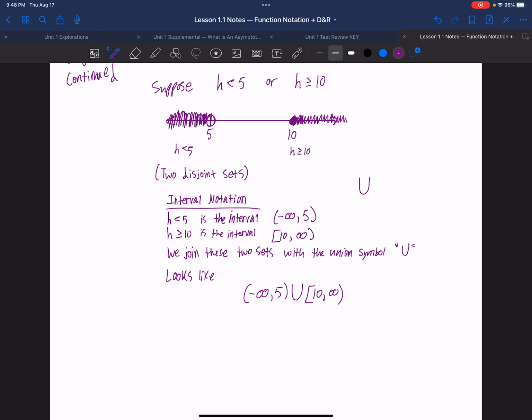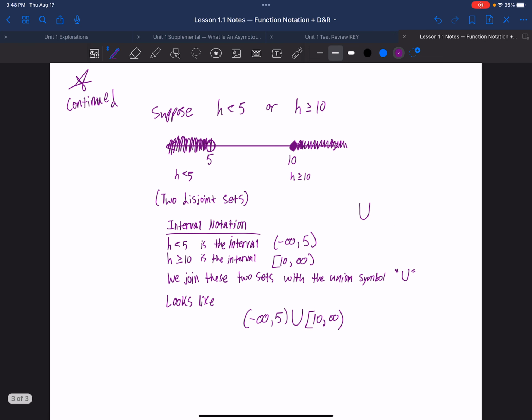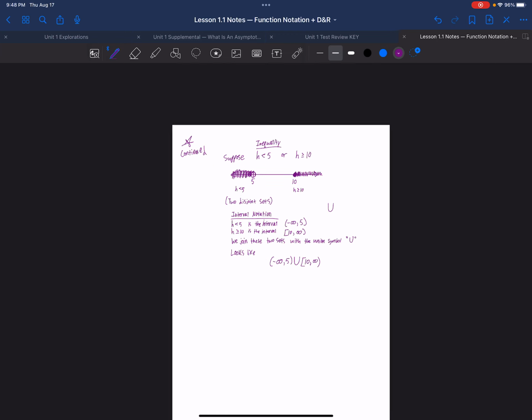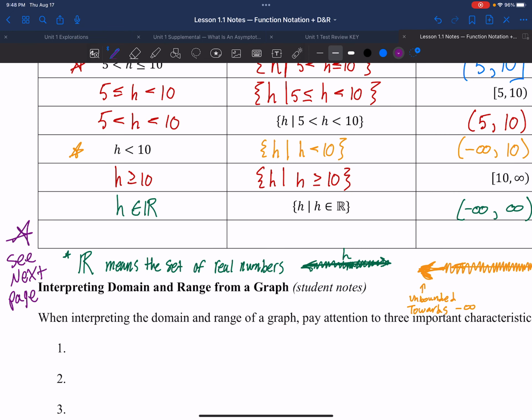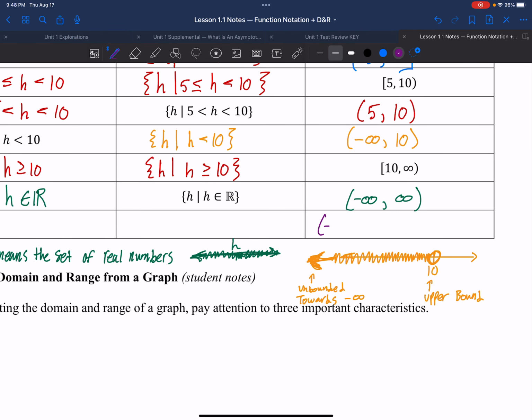There you go. And so this is inequality, and then down there is interval. So if I go over here, the interval was negative infinity to 5, unioned with bracket 10 to infinity, right?